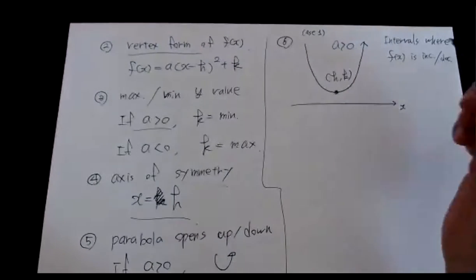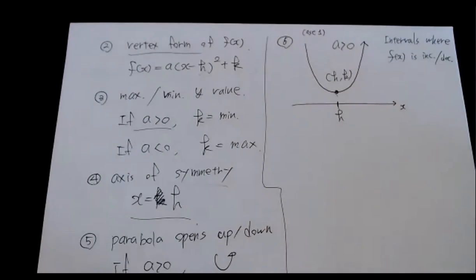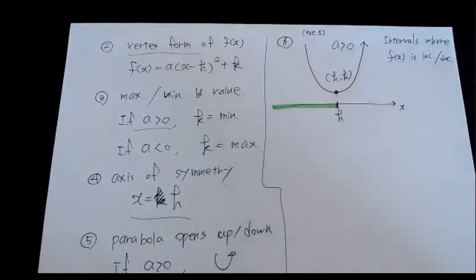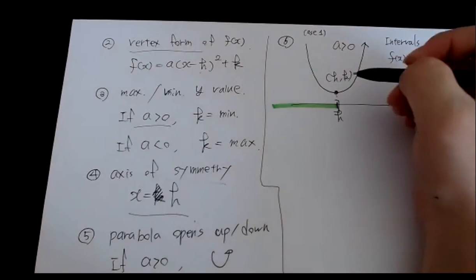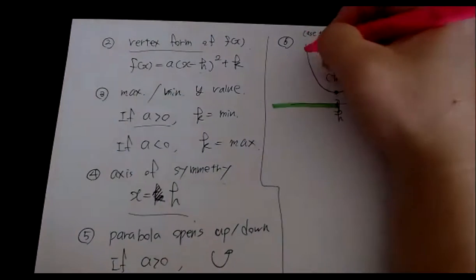Here is the h right there, right? As you can see, from negative infinity to h, including h, the graph is just going down.